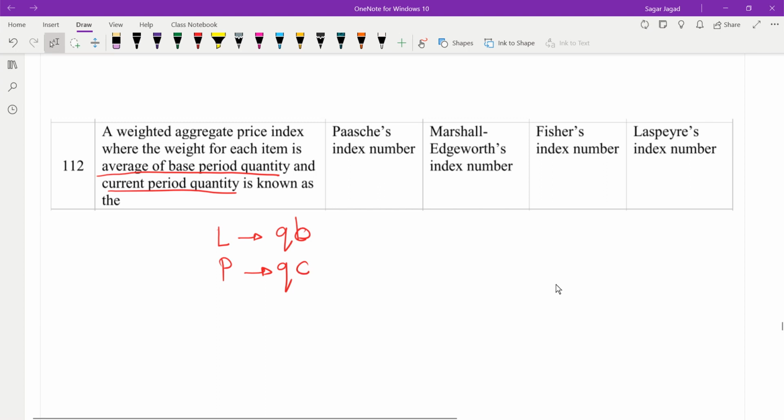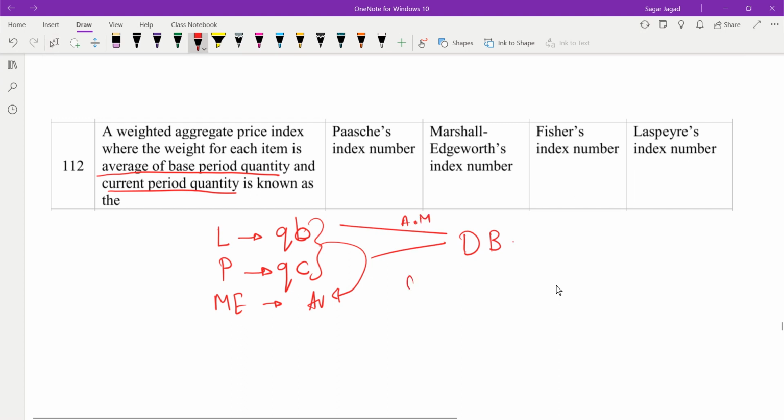In Marshall and Edgeworth, we consider the average of these two as our weight. In Drobish and Bowley's index number, we consider the arithmetic mean of these two. And if we consider the geometrical mean, we get the Fisher's index number. These are nothing but the 5 types of index numbers that we study in our course. So what we understood is that the average of base year quantity and current year quantity is used in Marshall and Edgeworth's index number.